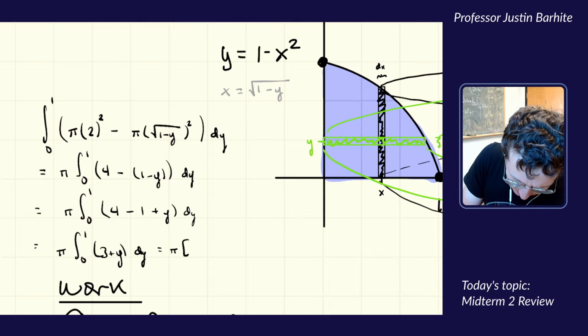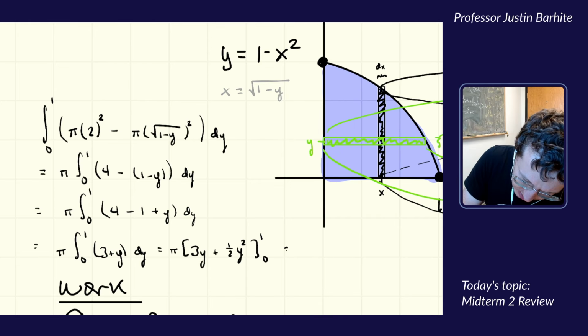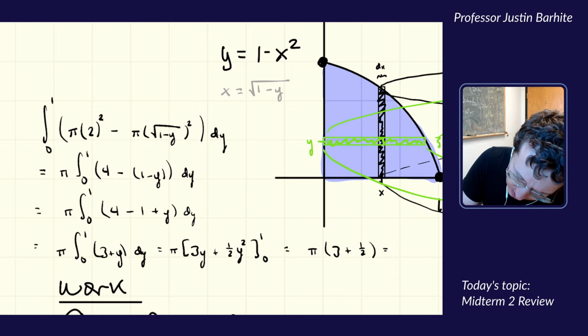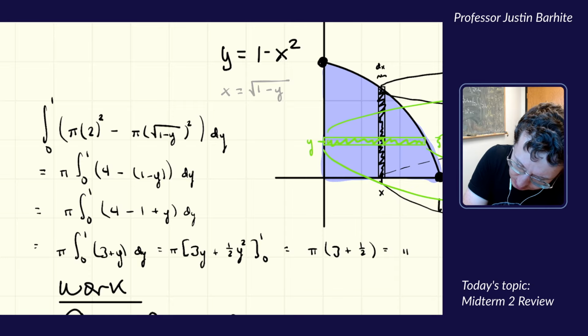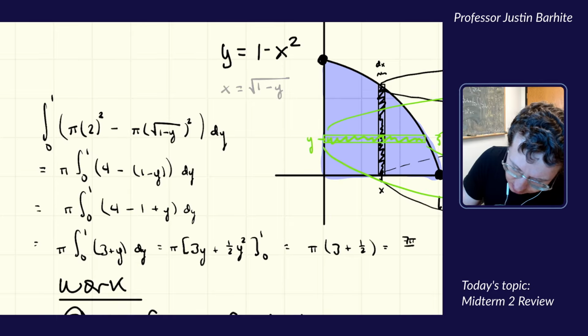And my antiderivative will be 3y plus 1/2 y squared. I evaluate from 0 to 1. I'll get pi times 3 plus 1/2, which is 7 pi over 2.